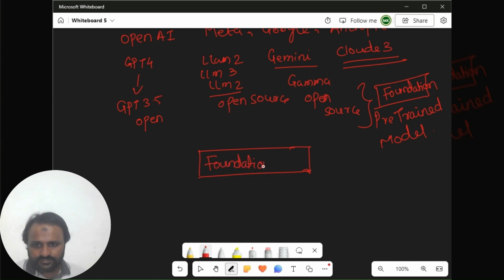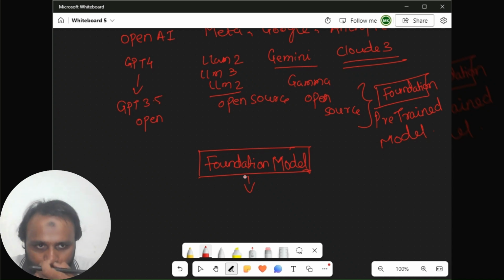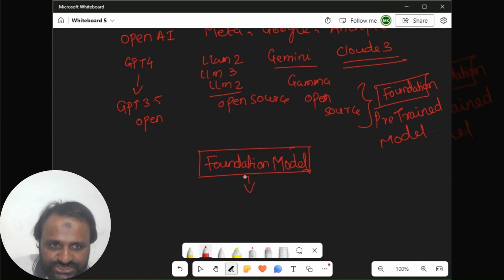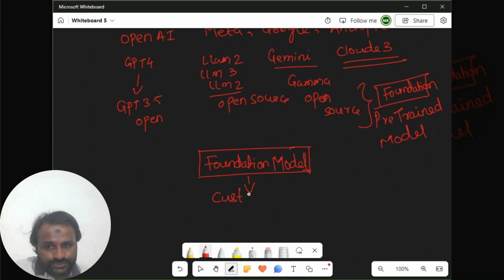They apply it to their own use cases, using their own customized data sets, like different organizations having different data.